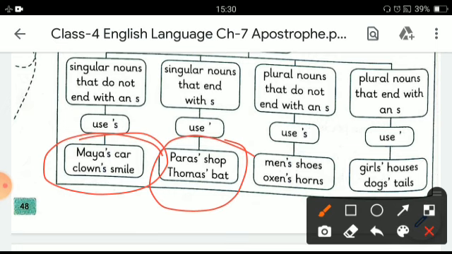Third is plural nouns that do not end with an S use apostrophe S. Men's shoes, oxen's horns. And the last rule is plural nouns that end with an S use an apostrophe. Example: girls' houses, dogs' tails.